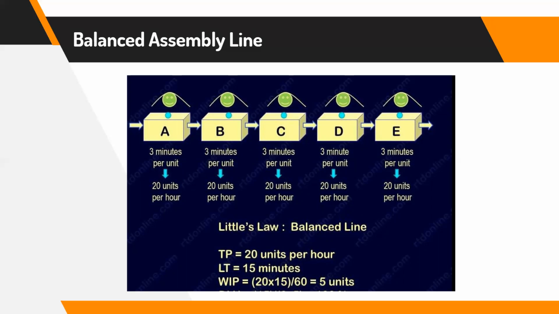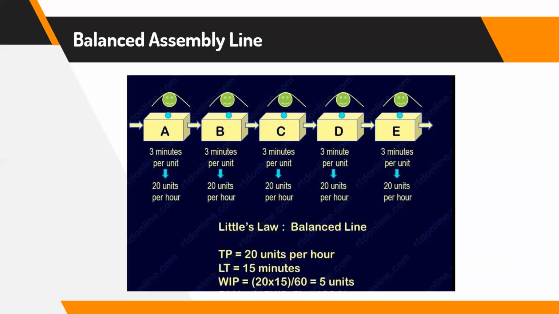Now suppose we want to apply Little's law. Here the throughput of the whole assembly line is 20 units per hour, as each machine is producing 20 units per hour, and the lead time, or the W we use in Little's law, is 15 minutes, as each machine takes 3 minutes and there are 5 machines, so overall 1 unit would take 15 minutes to get processed. If we find the work in progress, that is the number of products undergoing processing at a given time, it would be 5 units.